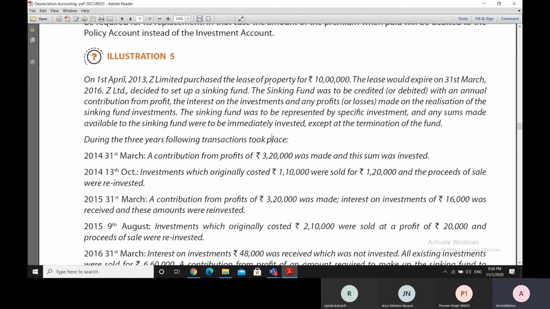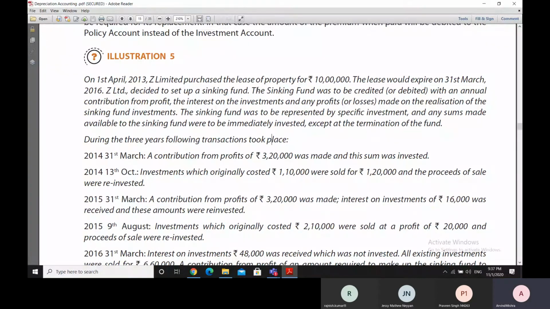It has purchased a lease of property for 10 lakh rupees. This lease would expire on 31st March 2016. Therefore, it is a three-year lease, and for this three-year lease, there is a 10 lakh rupees investment.